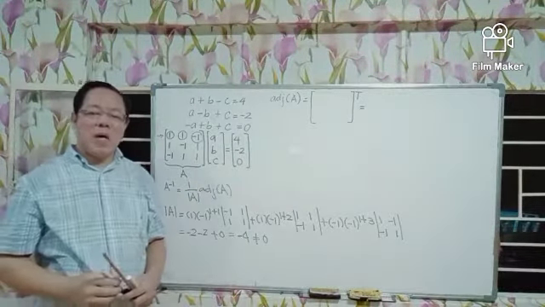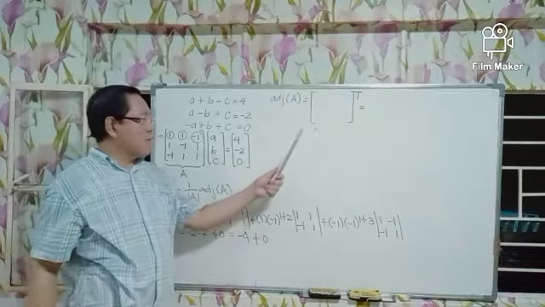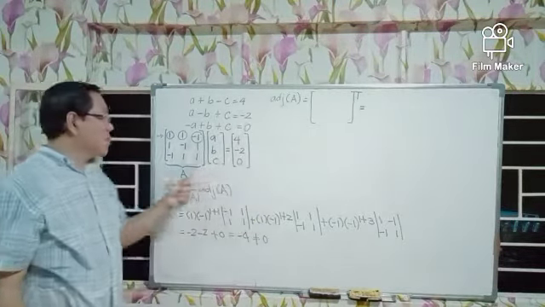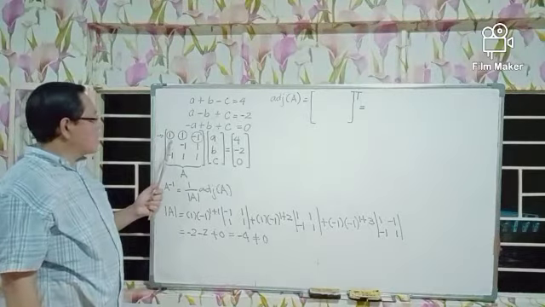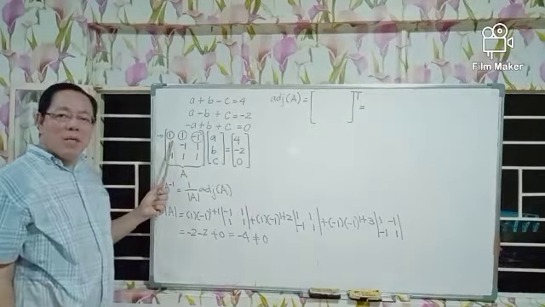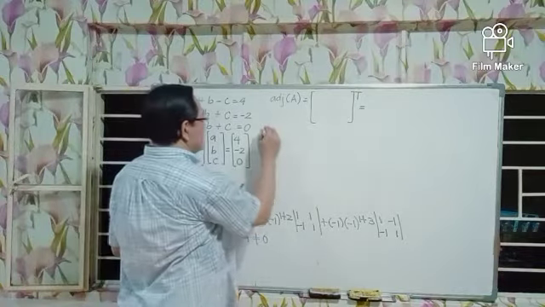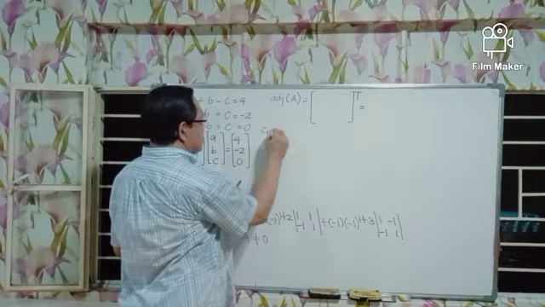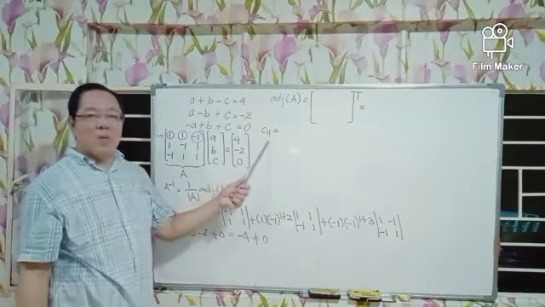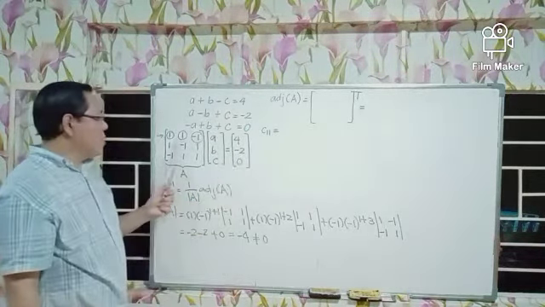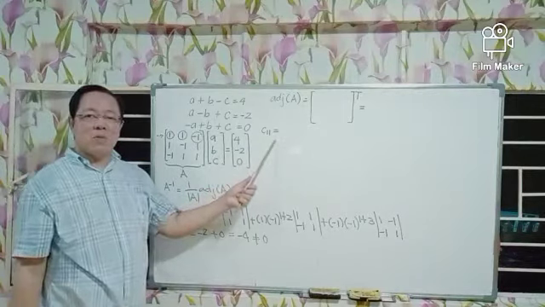And the adjoint of A is the transpose of the matrix whose entries are the cofactors of the entries of matrix A. And we start with the cofactor of 1. Cofactor of 1 we denote by C11 because 1 belongs to the first row and first column.